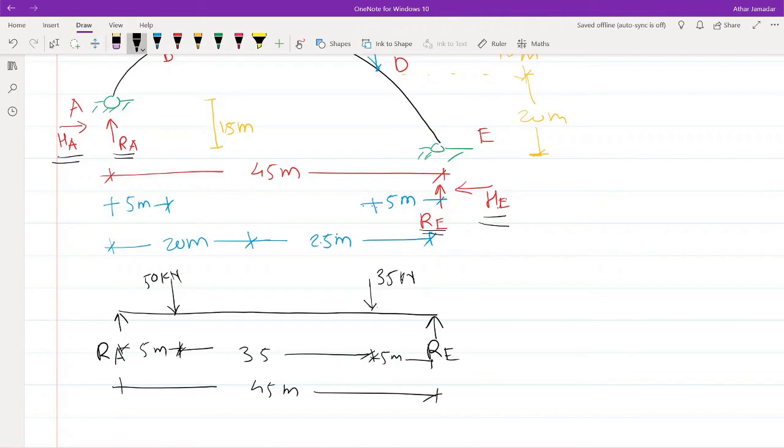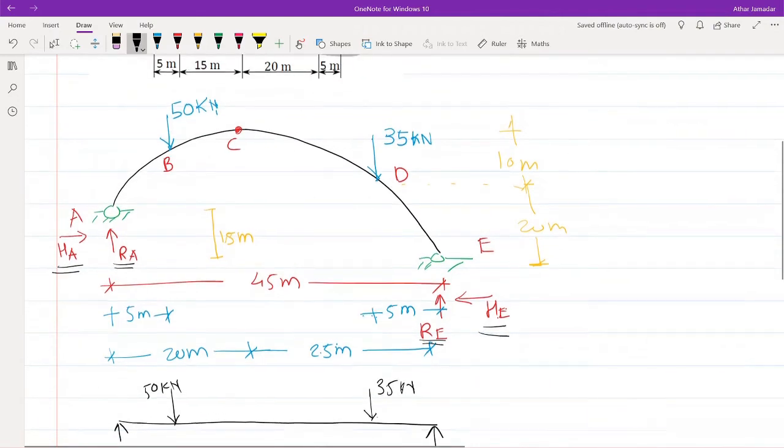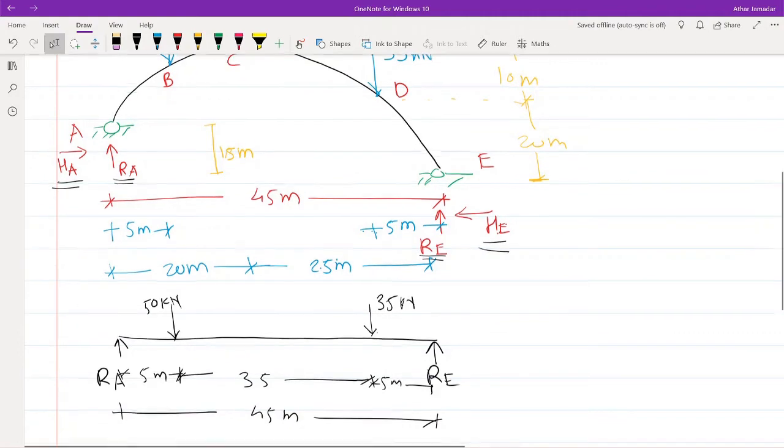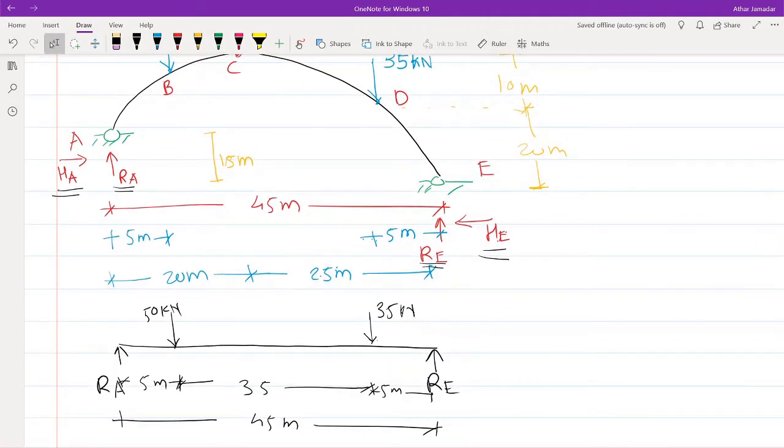To find out the vertical reactions, this much data is sufficient. This beam is equivalent to the given arch, and in addition, one hinge is provided at a distance of 20 meter.